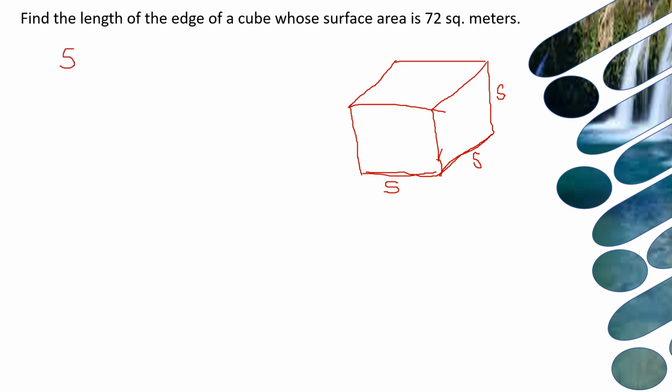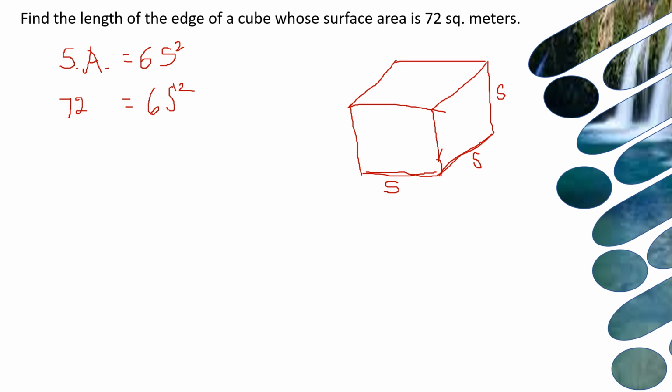Therefore, the surface area SA of a cube is the sum of those 6 faces, and each face is a square. So the surface area is equal to 6 times the area of each face, which is S squared. But the surface area is 72 square meters, and it's 6 S squared.